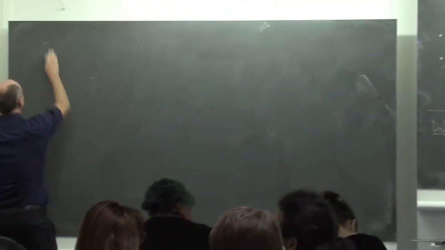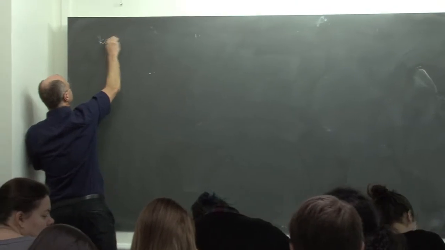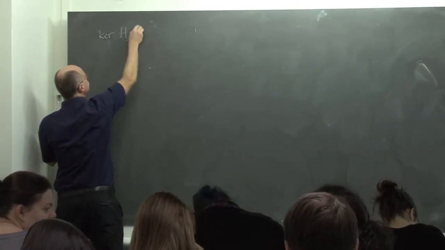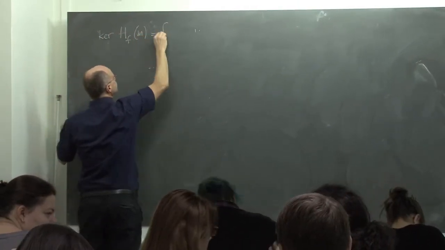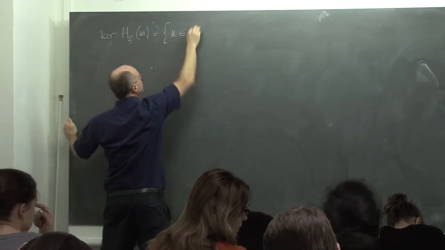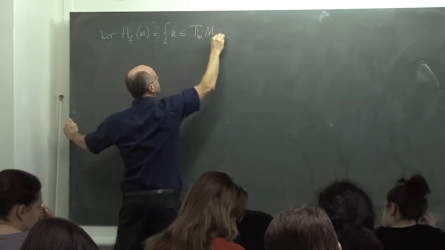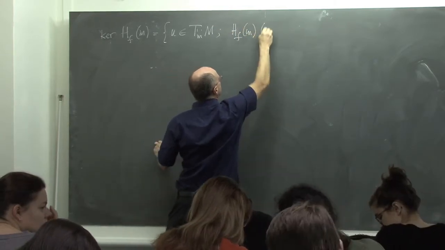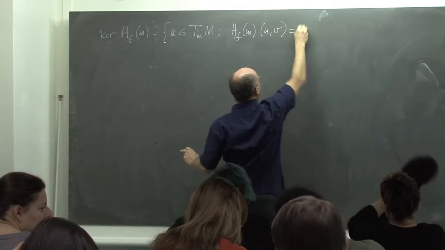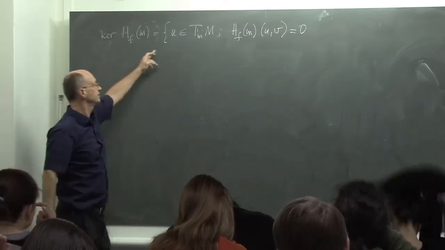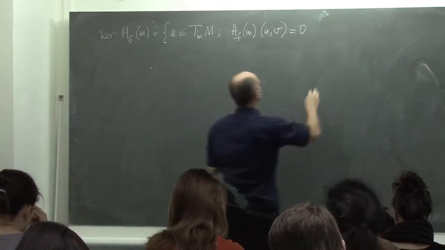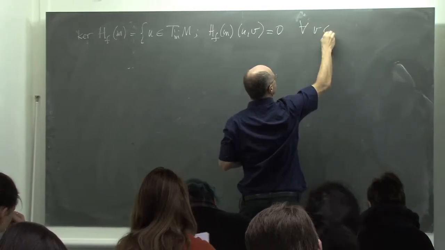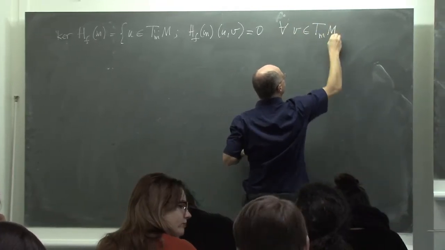So we introduce the kernel as all vectors n with the property that the bilinear form vanishes for all v in T_M M.